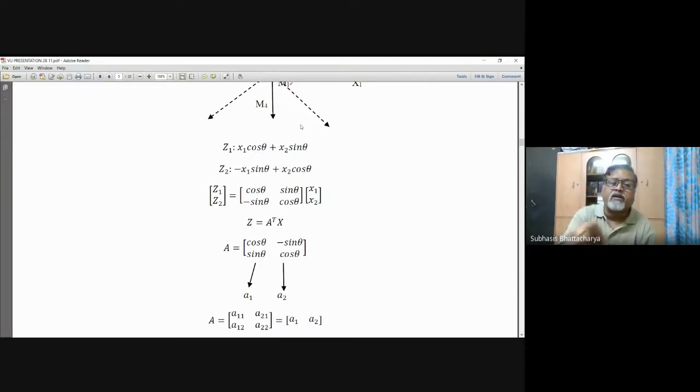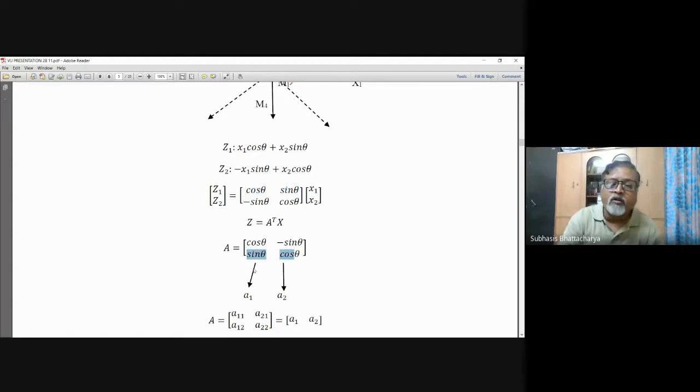When I make the transpose, the rows come into the columns and the columns come into the rows.